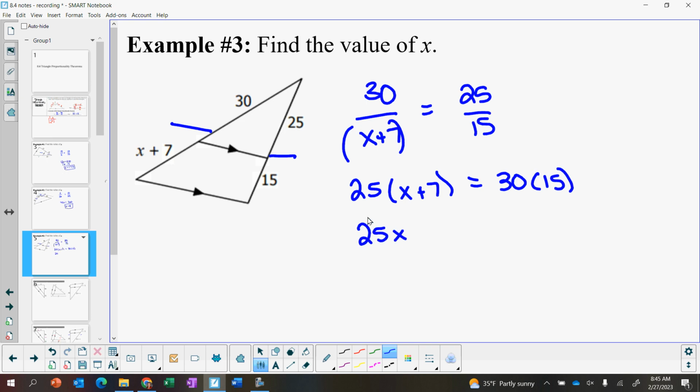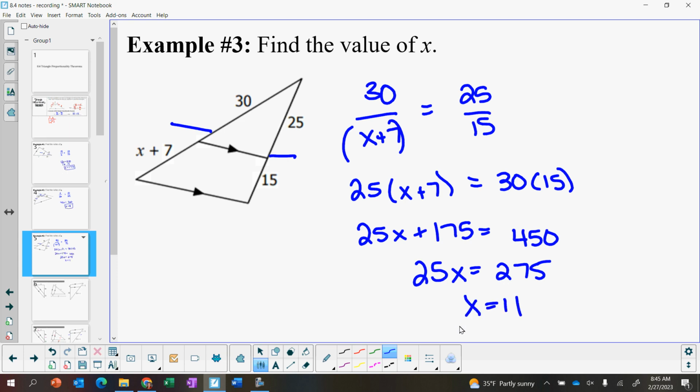Distribute: 25x, and then 25 times 7, we get 175. And 30 times 15, we get 450. So I'm going to subtract the 175 from both sides. So 25x equals 275. And if I divide both sides by 25, I get x is 11.